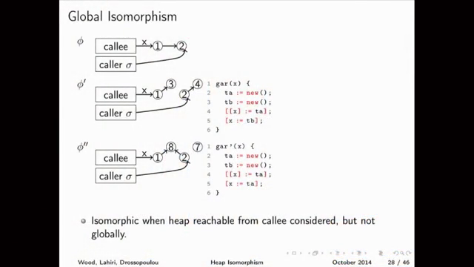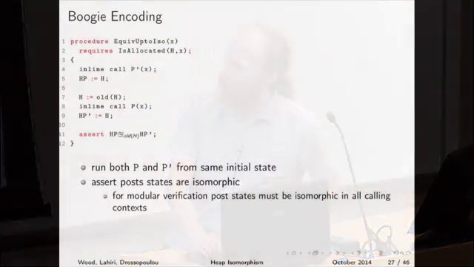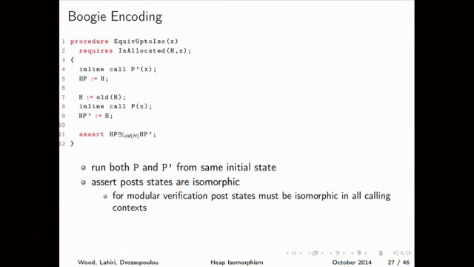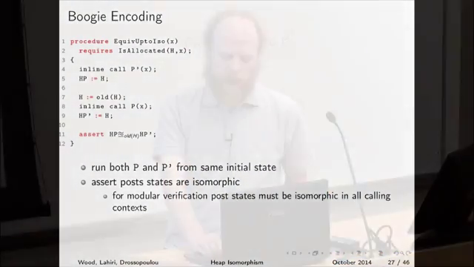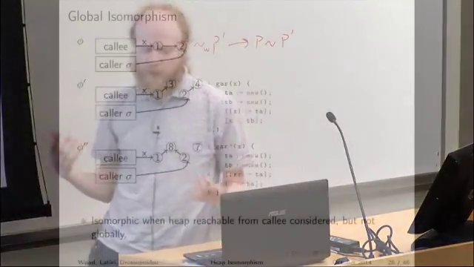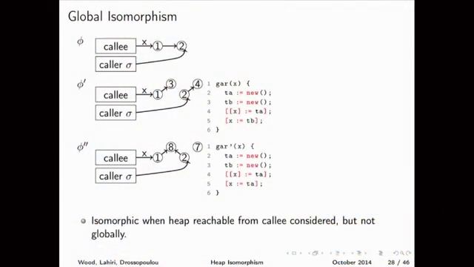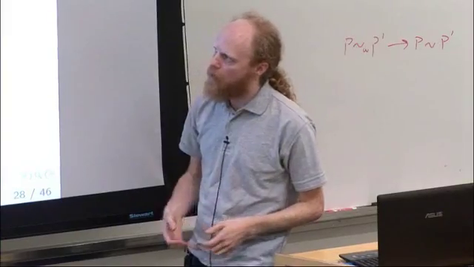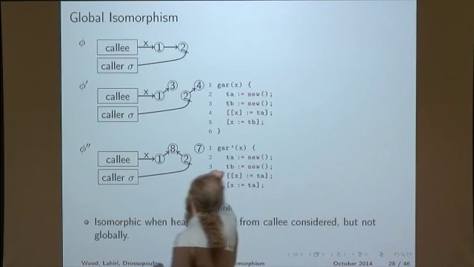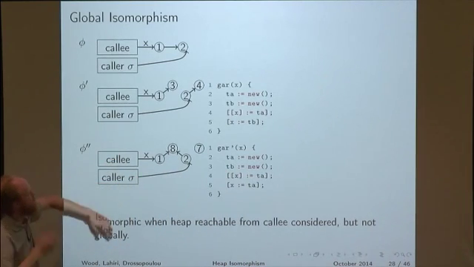So one of the challenges is the context of the call. You can have some arbitrarily big, complicated calling context. So here, for example, we have two procedures which are not equivalent.